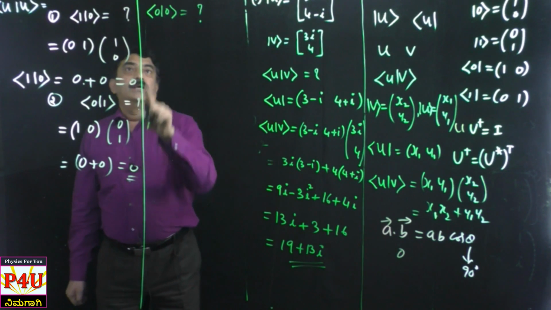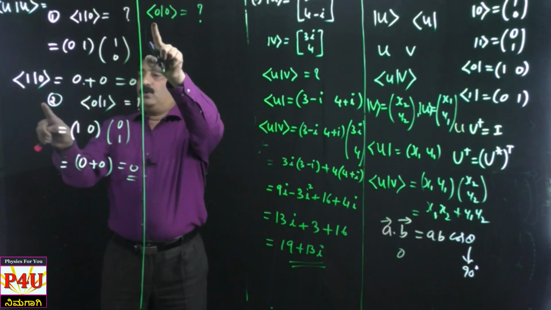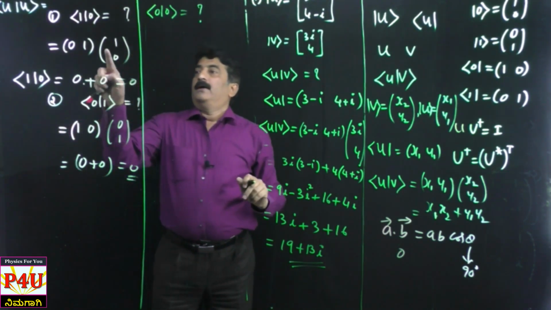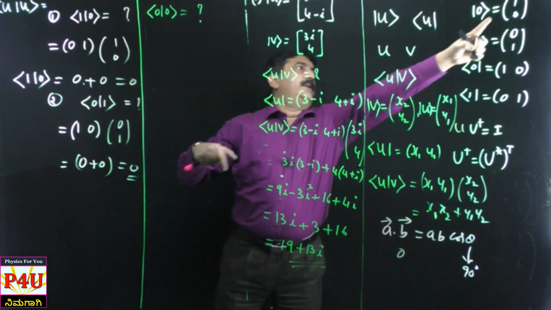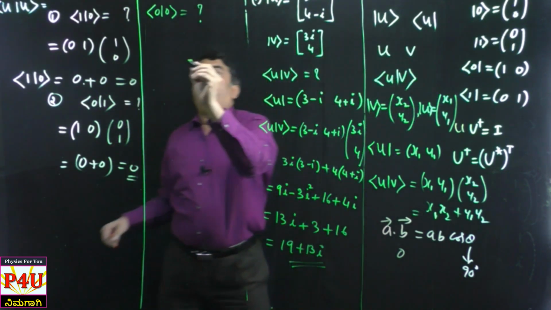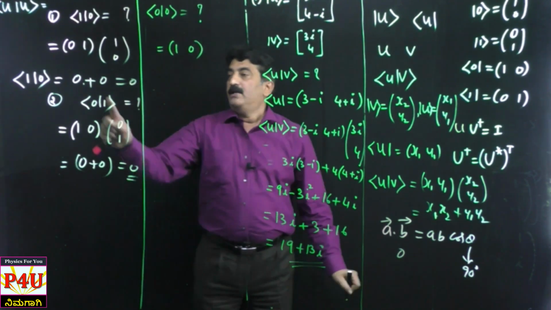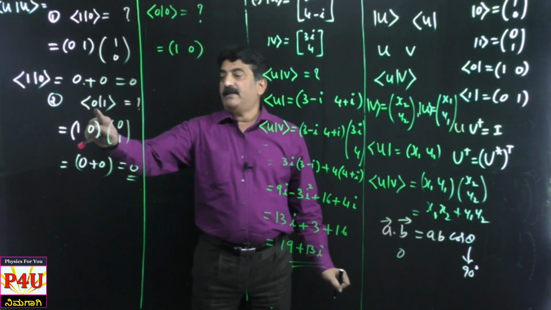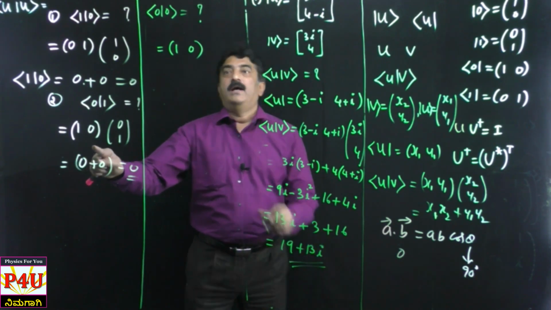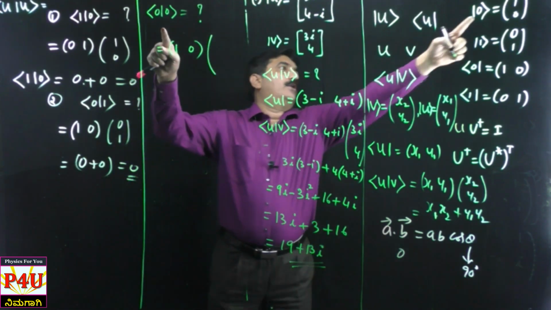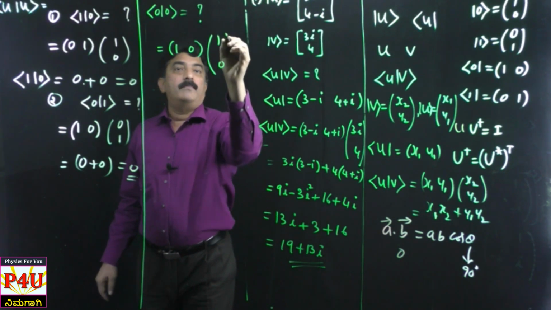You know 0 is (1, 0). I have to write it in this form, bra 0 and ket 0 in the column form itself.